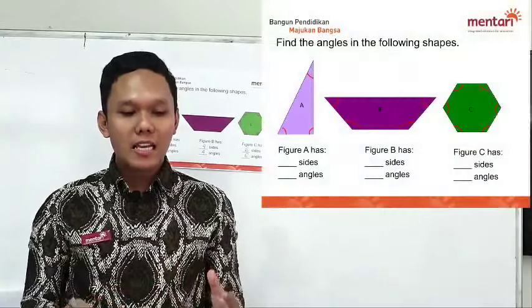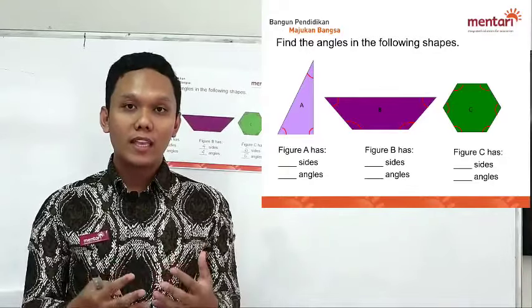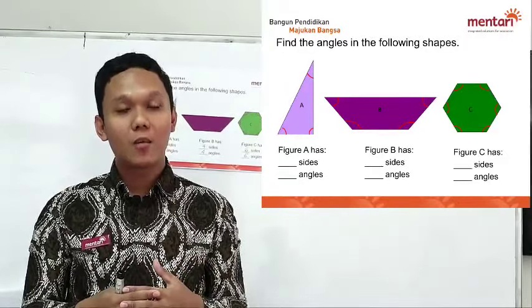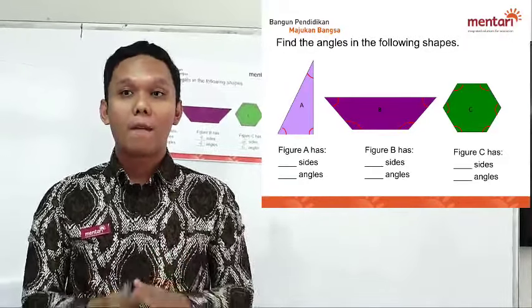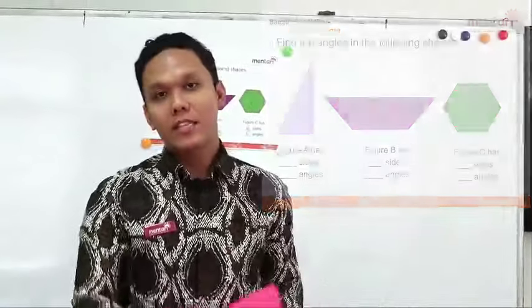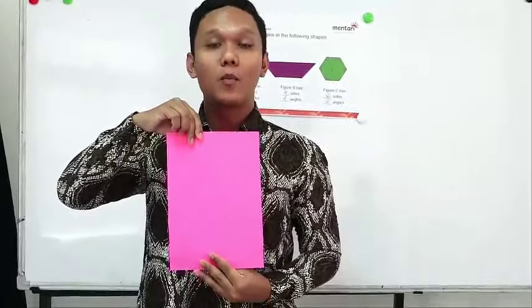Now, let us learn how to make a right angle with concrete materials. The concrete material that we are going to use is blank paper or A4 paper. Let me take my blank paper. This is our blank paper, and we can make our right angle.